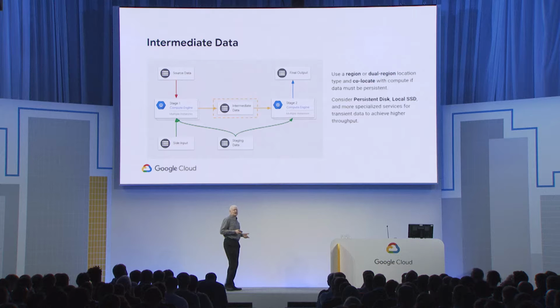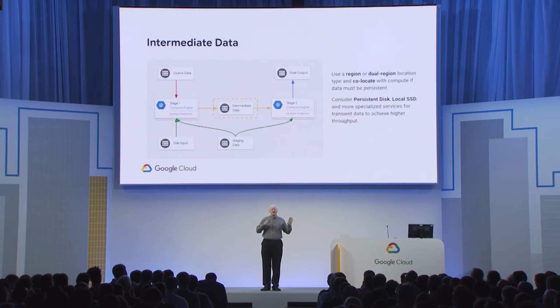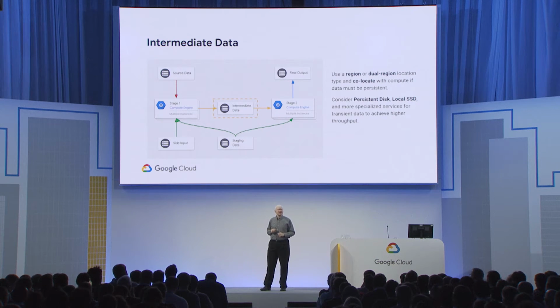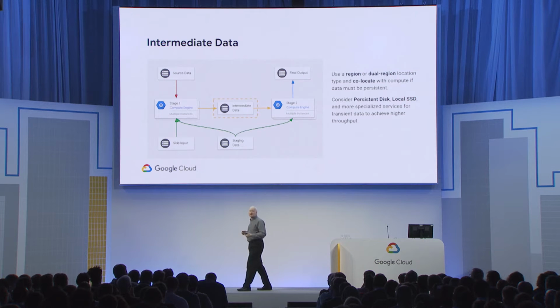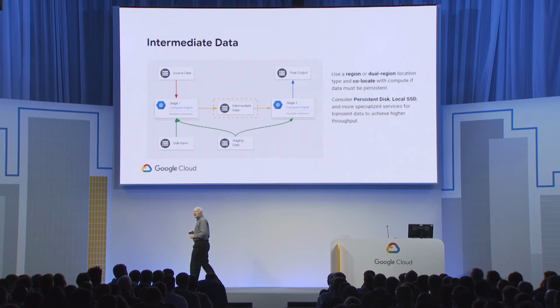But if you really want high performance, especially as you're moving data back and forth between processing nodes, often you might choose to put that intermediate result inside a persistent disk or inside local SSD. Right? Really caching that data so that different compute nodes, or different processing jobs, can process that data together.